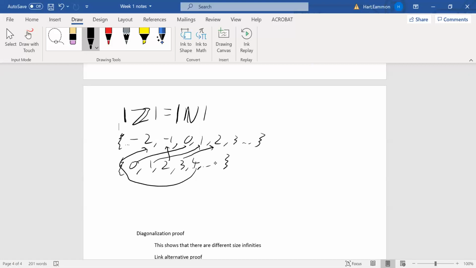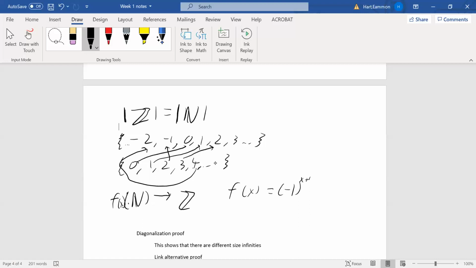And so in this case, I have a function f of x from N to Z, which is going to be defined as f of x equal to (-1)^(x+1), because we want 1 to correspond to a positive number.